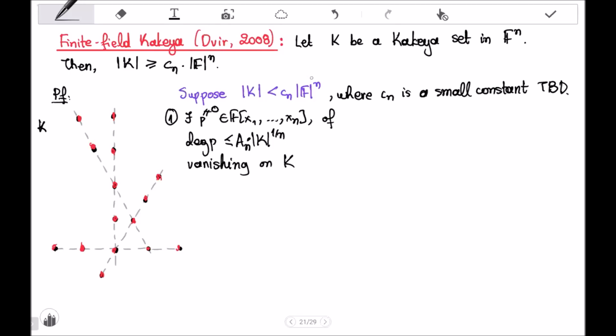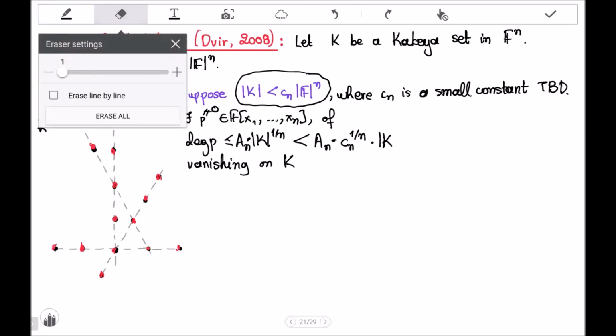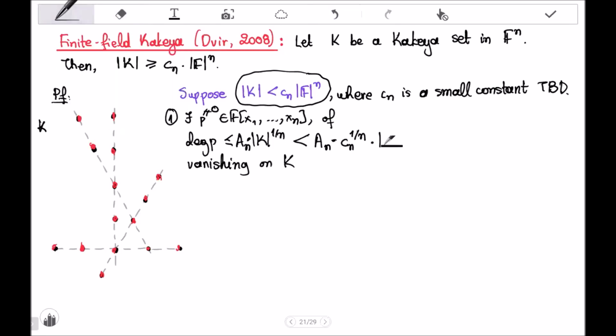And we assume that the Kakeya set is small, so the degree would be smaller than a_n times c_n to the 1 over n, the unspecified constant here, times the size of the Kakeya set. Sorry, the size of the field. Here we go.